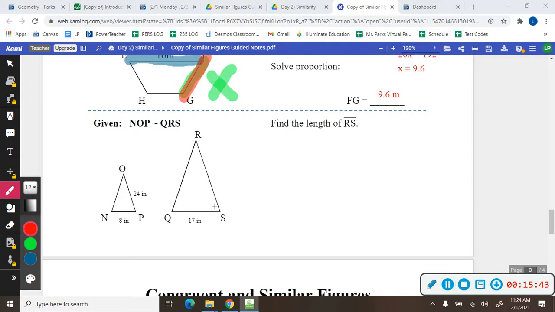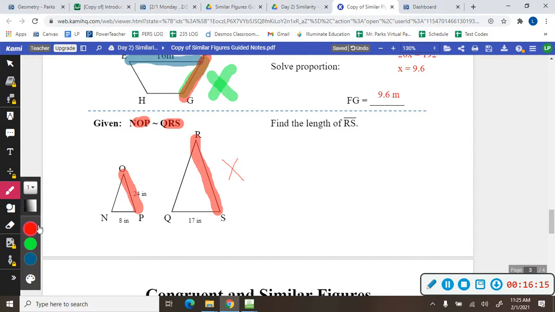Let's go ahead and look at this. They tell us that NOP is similar to QRS. And so looking at this, I know that OP is going to be proportional to RS because they're both the last two. So OP is proportional to RS. And I'm going to make this X because I need to find the length of RS.